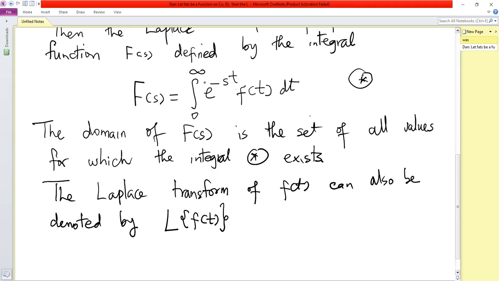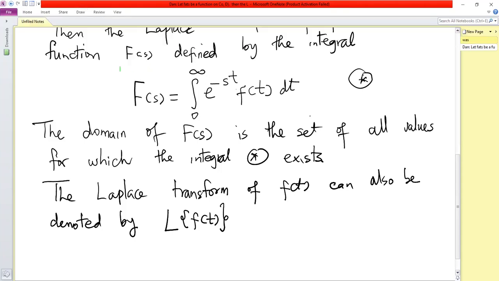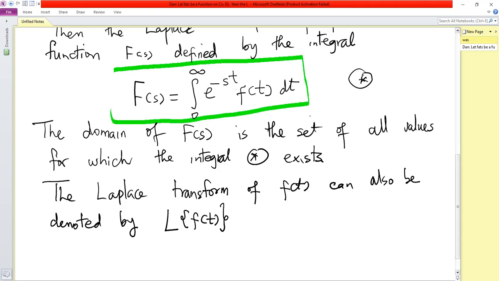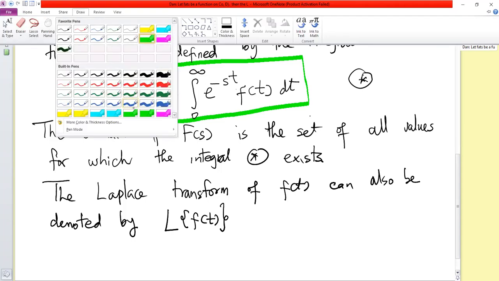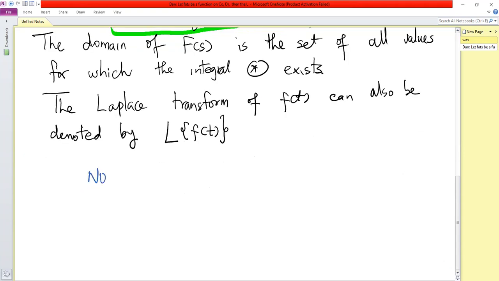Note that this is an improper integral. In this definition of the Laplace transform, we have an improper integral, and so we must always ensure that the integral converges.